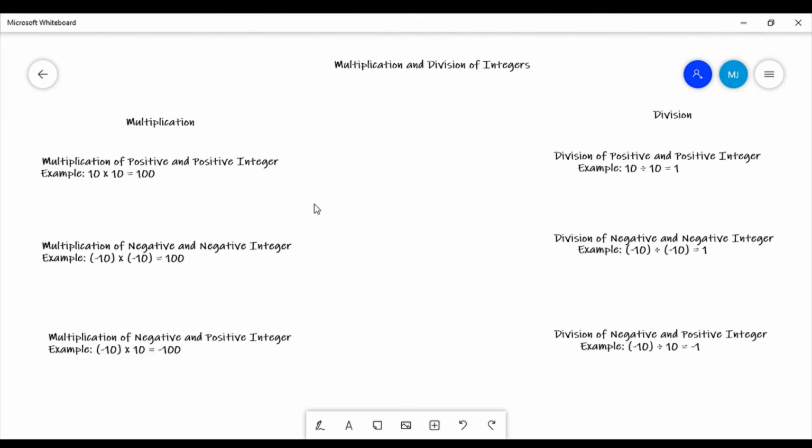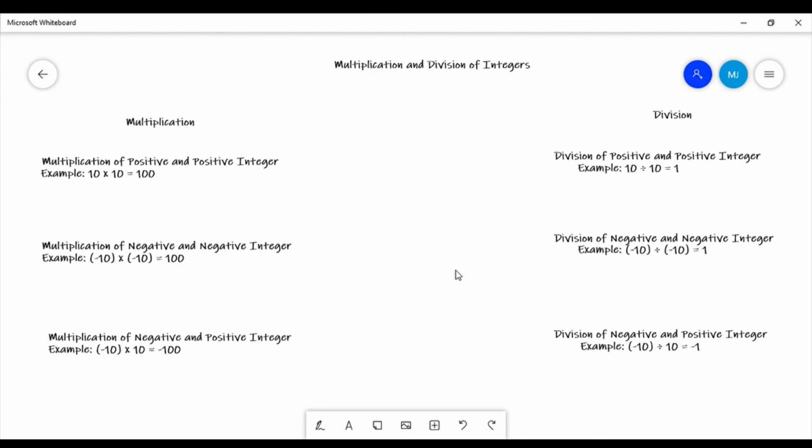Again, in multiplication of positive and positive integer, multiply the two number and then the result is positive. The same is true with the multiplication of negative and negative integer. Multiply the two number and then the result is positive. But in multiplication of negative and positive integer, the result is always negative.